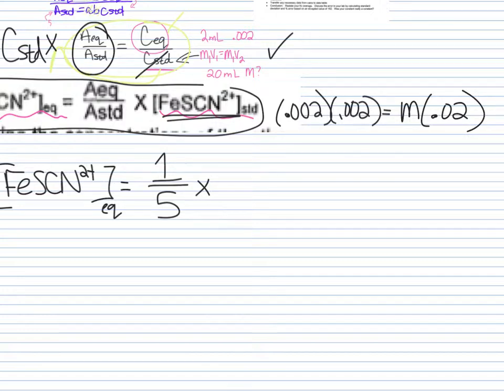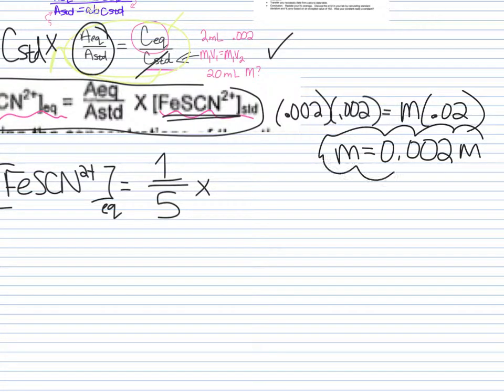Lots of 0.02s. All right, so when I plug that in, I get that divided by 0.02. I get a molarity of 0.002. This right here is going to be my FeSCN2+ standard.